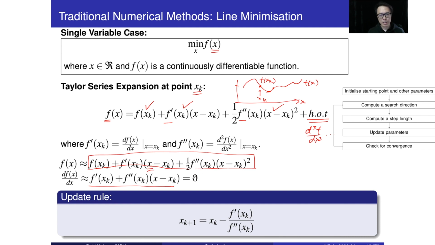Anyway, once we obtain this function, we rearrange it, putting all xk terms on the right hand side and the x term on the left hand side. We will obtain an equation like that. Instead of using x, I'm going to use x(k+1). This is mainly because this would be the update rule.